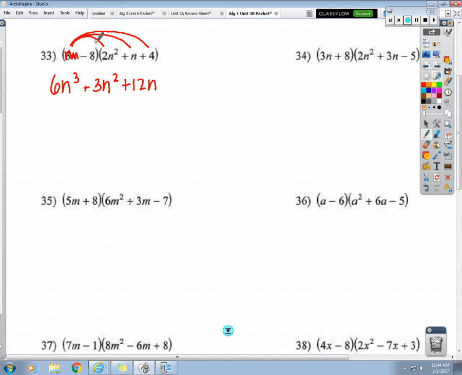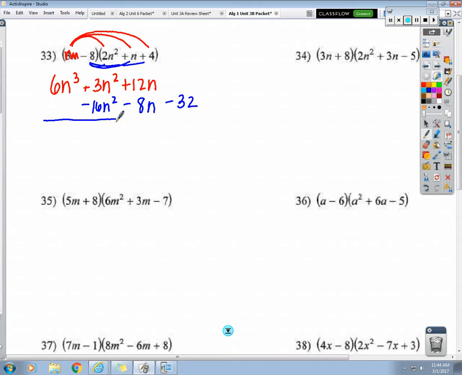Now I'm going to distribute this negative 8 to everything over there. What's negative 8 times 2n squared? And I'm going to go ahead and put that right up under this other n squared term so that when I go to combine, it's easy. What's negative 8 times n? And what's negative 8 times 4?